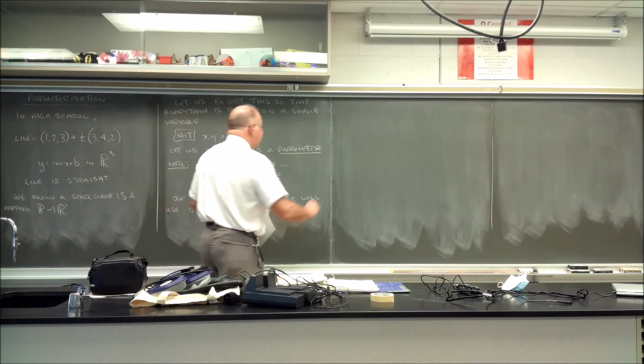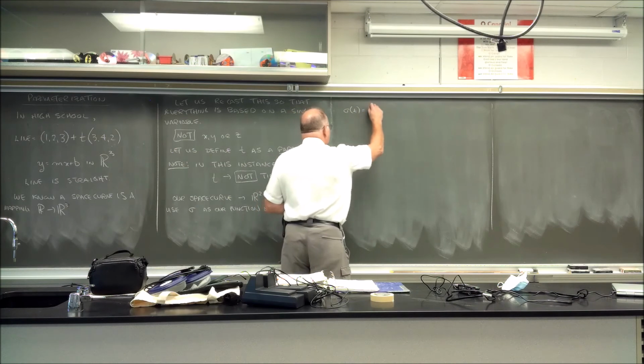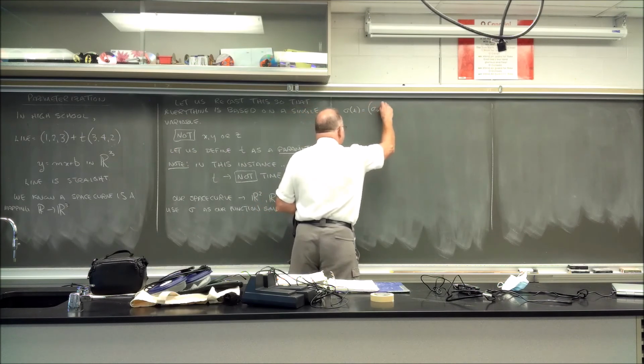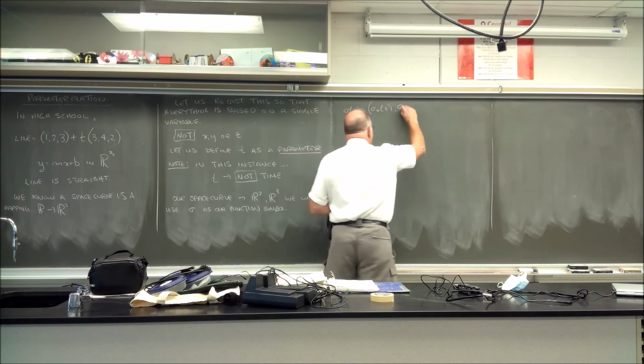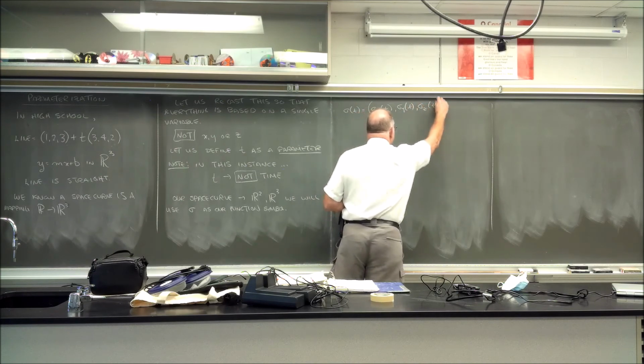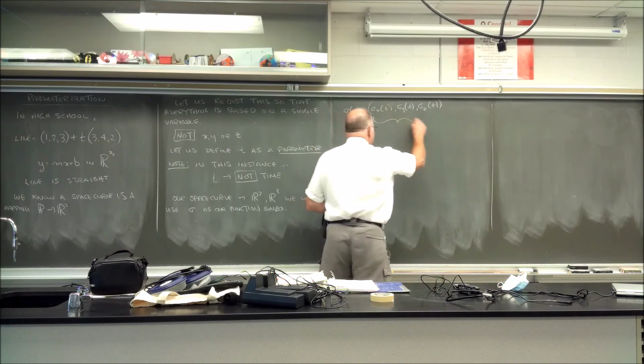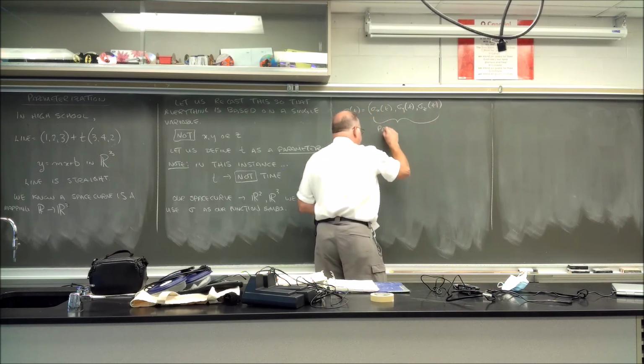So sigma of t will equal sigma x of t, sigma y of t, and sigma z of t. And these equations are known as parametric equations.